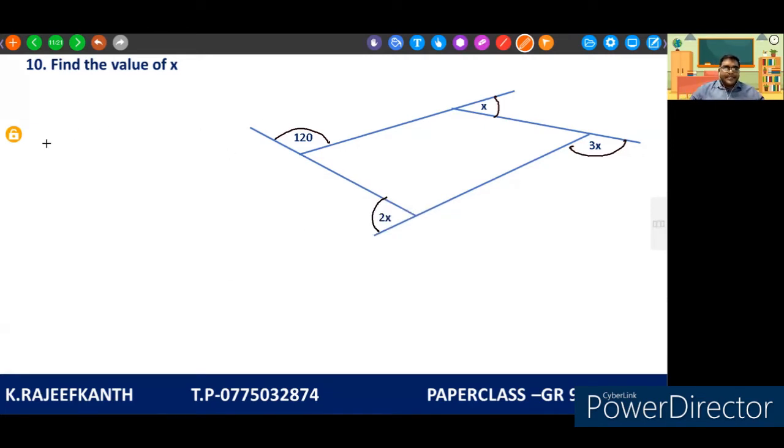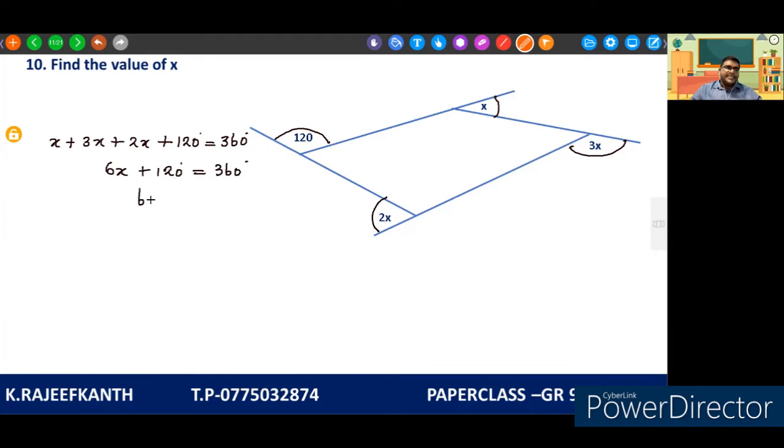Right. Then x plus 3x plus 2x plus 120 is equal to 360, because the sum of exterior angles of a quadrilateral is 360. x plus 3x, 4x. 4x plus 2x, 6x plus 120 is equal to 360.